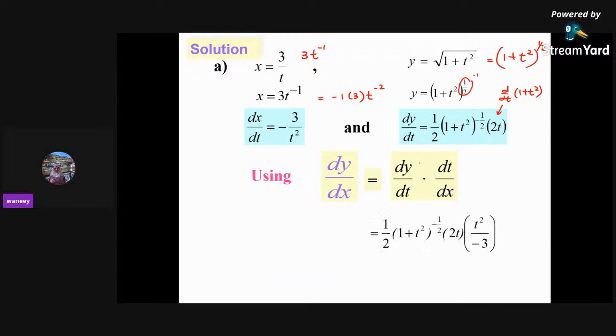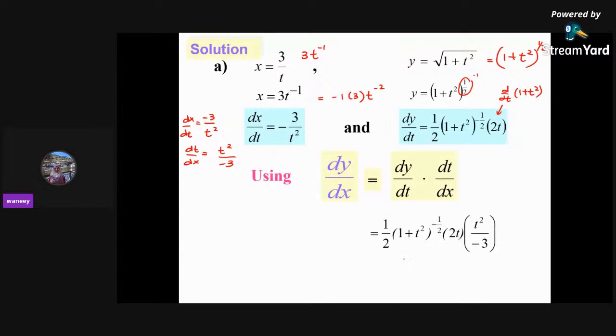Okay, so what we have here is dy over dt. Simply take this one and then multiply it with dt over dx. Over here, this is negative 3 over t squared, so this is dx over dt. If you want dt over dx, then simply take the reciprocal of this. So that is how you end up with dy over dx.